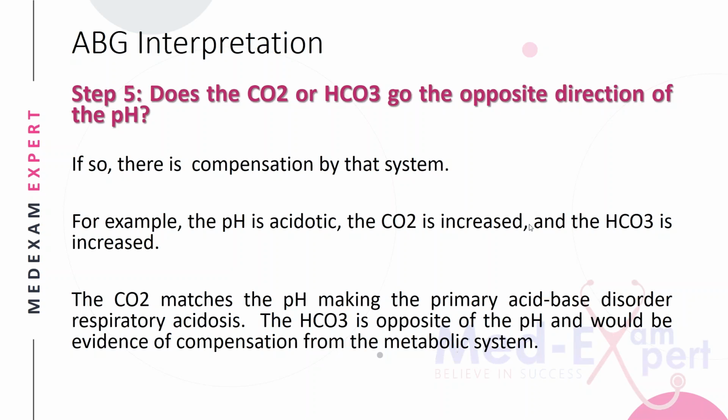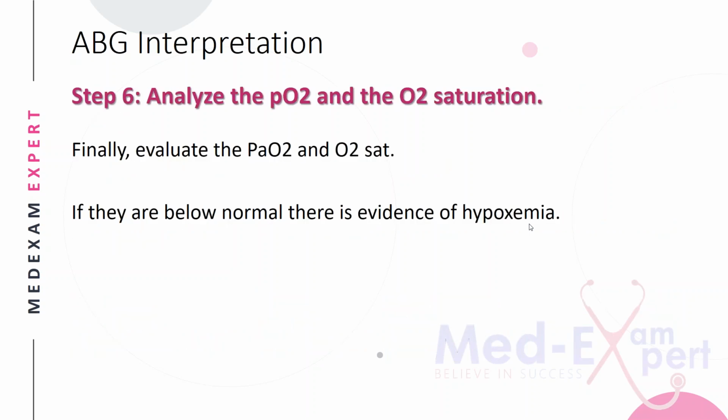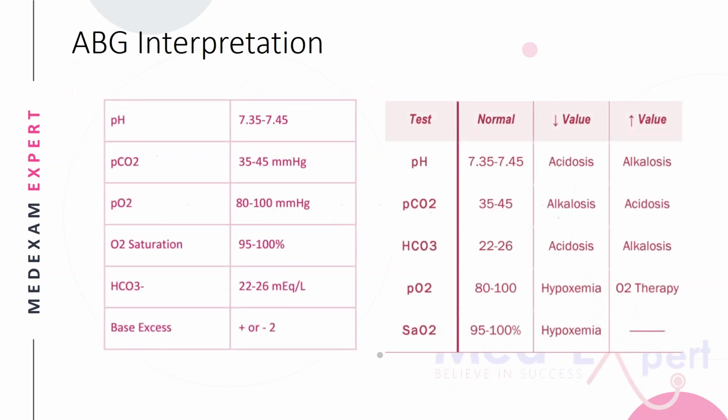And at the end, I have to check the level of the partial pressure of the oxygen and the oxygen saturation to know if there is some sort of hypoxemia or not. So these are the normal values. And in general, I usually recommend you to memorize these normal values.